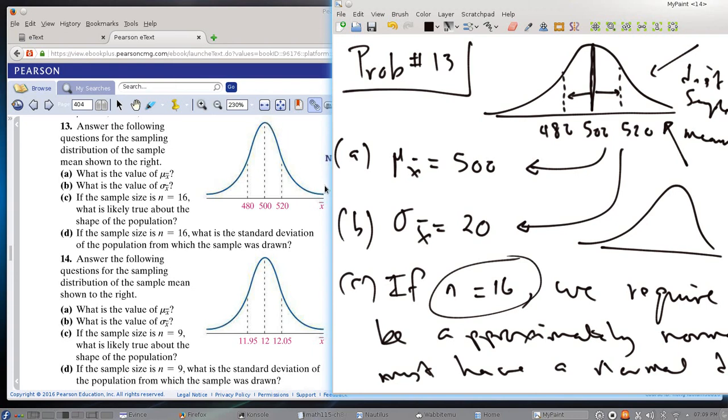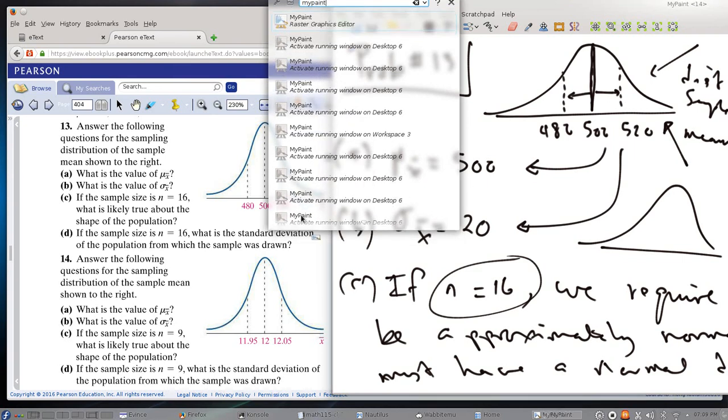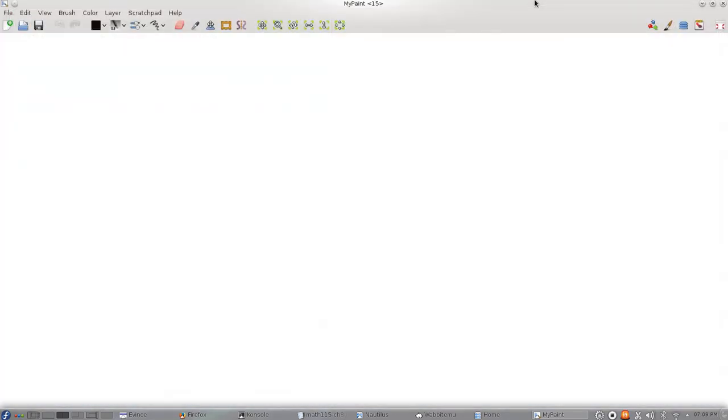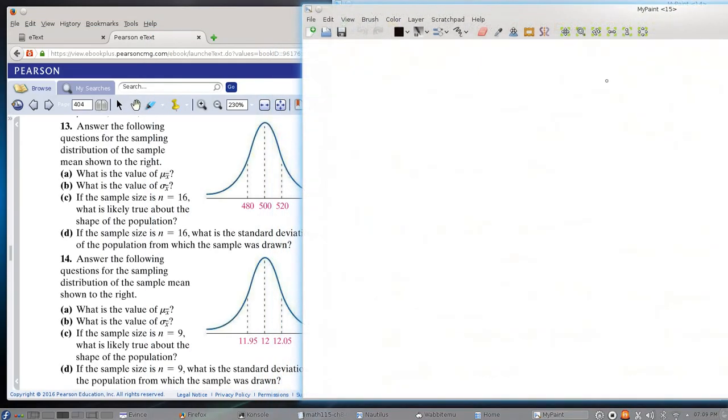Now we need to compute the standard deviation of the population, and to do that, you have to apply the equation that we wrote down earlier. This is part D, we need to find this.